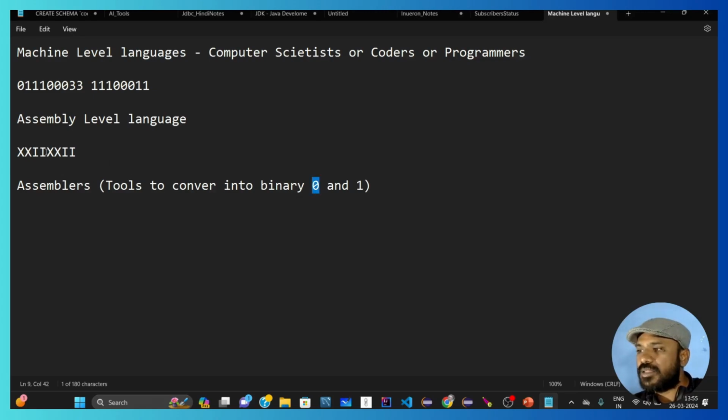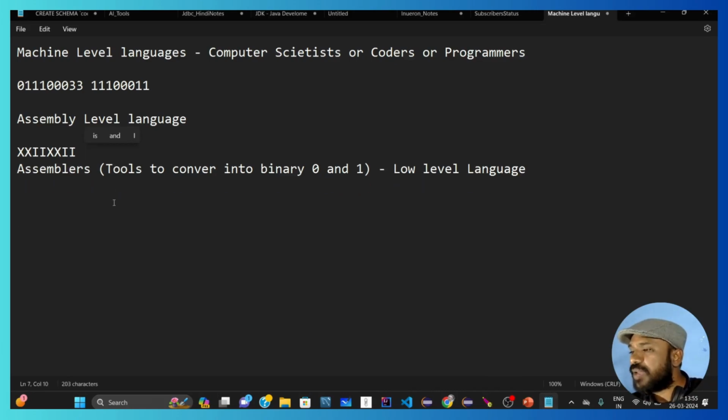This assembly level language, which uses Roman letter type, is converted to binary language using assemblers. Assemblers are the tools. And this we call low level language.